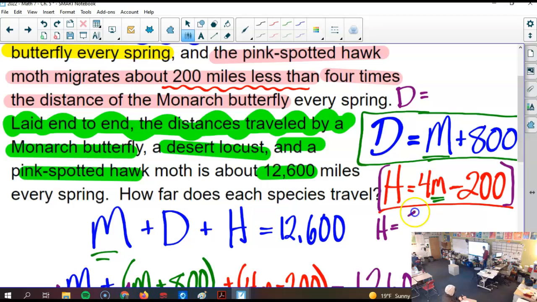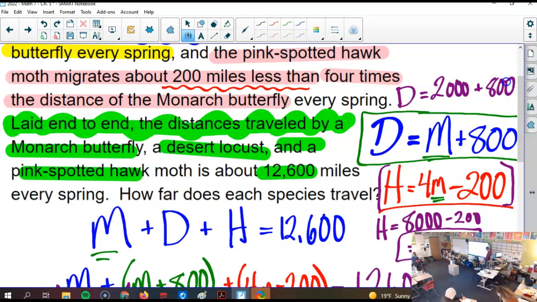So 4 times 2,000 is 8,000, right? Minus 200. So 7,800. Same thing for D equals, replace your m with 2,000. So D is 2,800.